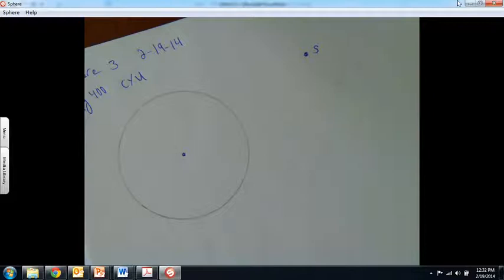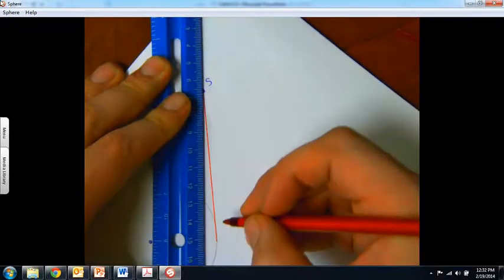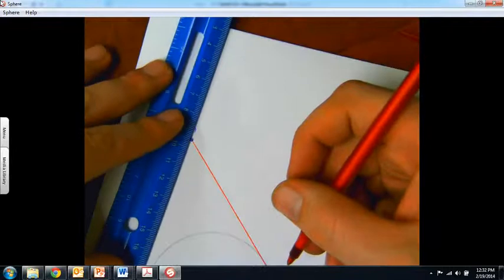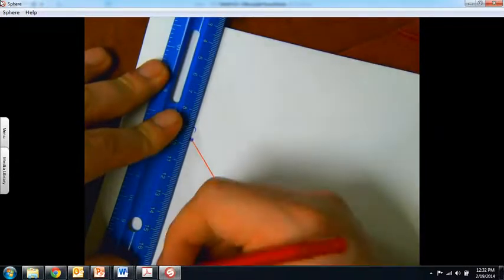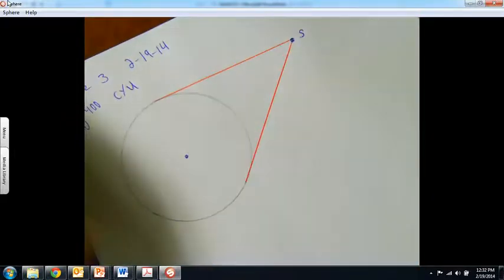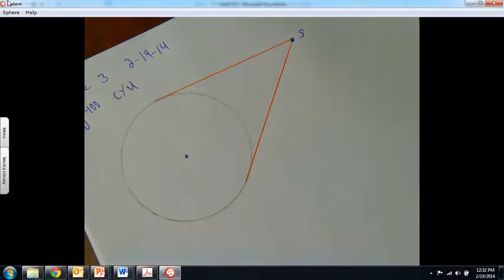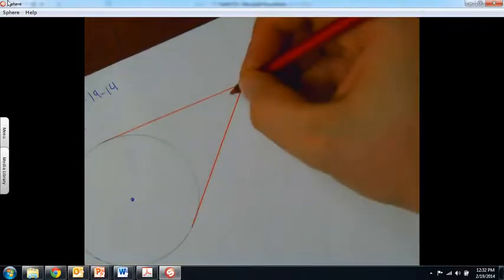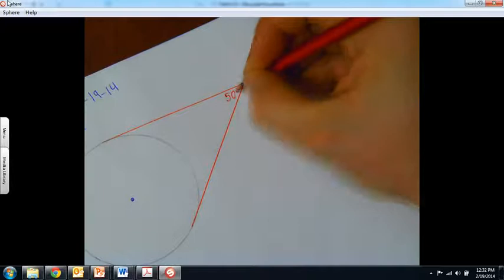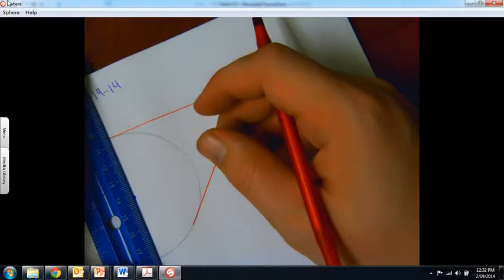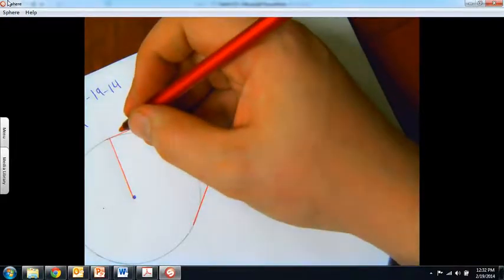The satellite has a viewing angle that ends up being tangent to two parts of the Earth, creating the kind of diagram we've already been working with. Now, the problem tells us that the viewing angle of the satellite is 50 degrees, and that the radius of the Earth, which I'll draw out to the point of tangency, is 3,963 miles.